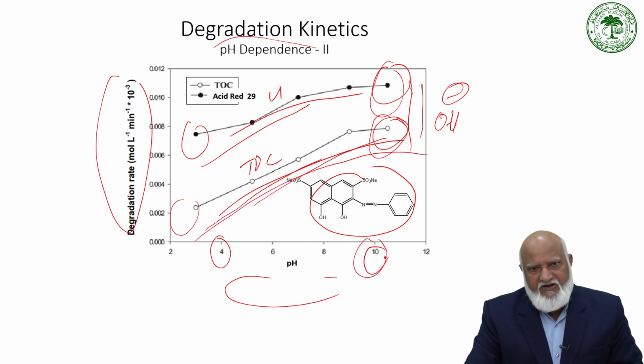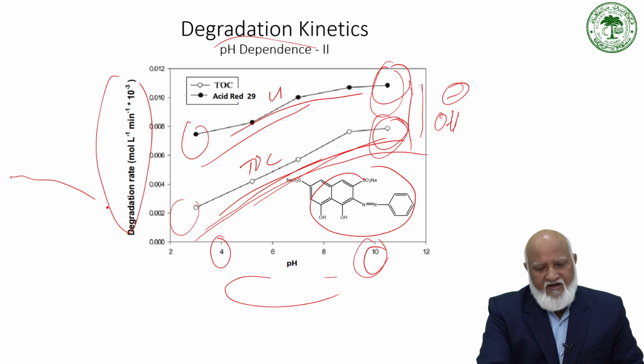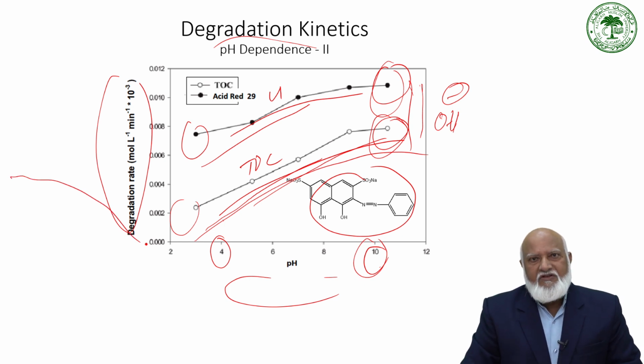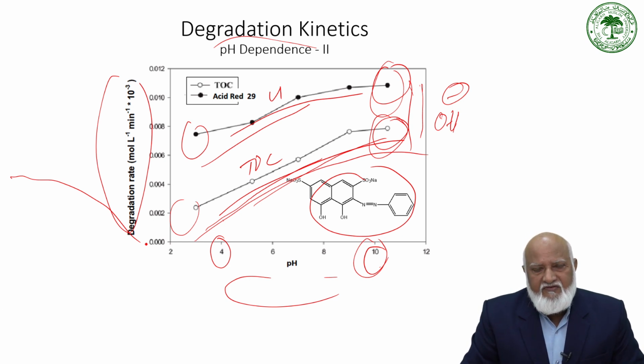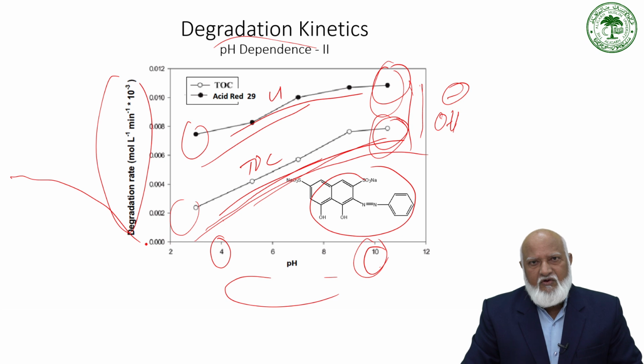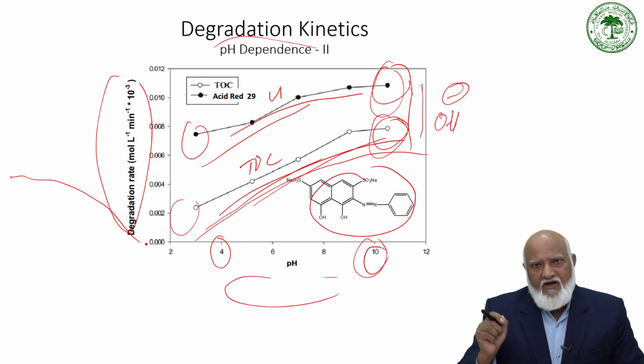If we do the reaction at pH 10, we make sure that the pH of the reaction mixture remains the same throughout the irradiation, whether it is 1 hour or 2 hours, through the addition of a buffer of either HCl or NaOH, because we have an arrangement to add H plus ions in nitric acid or an aqueous solution of NaOH simultaneously when the pH decreases or increases from the fixed reaction pH.